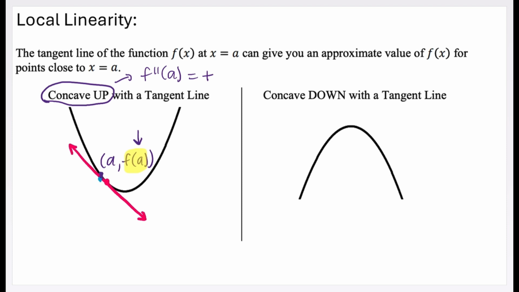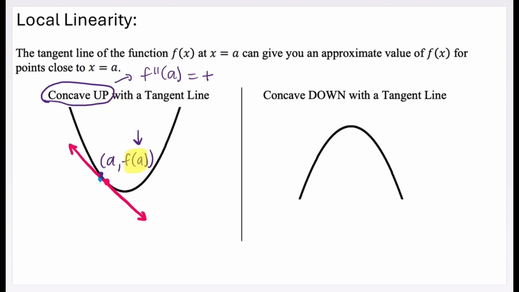If that is the case, then this estimate is going to be an underestimate, because the tangent line is actually below the graph. So if it is concave up, where you're finding the estimate, and the slopes of the tangent lines are increasing, then your local linearity approximation is going to be an underestimate.